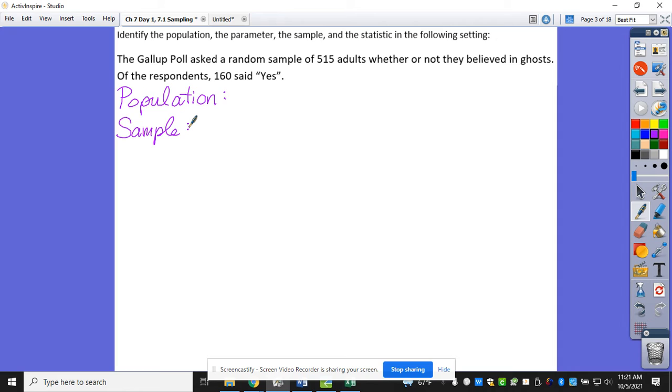In this particular example, what is our sample? So without using the number, which using the number is fine, but I'm trying to do it so you can write it correctly. Which adults were my sample?